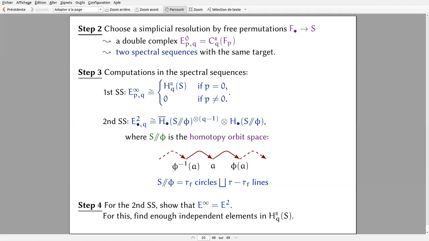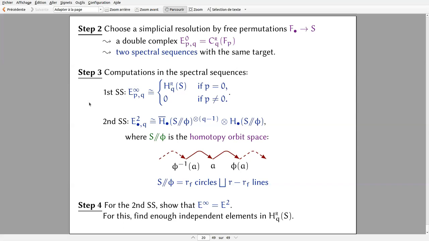So that's the last point. The advantage of this construction is that a lot of things come for free. For example, step 2 comes for free, and the computations in the first spectral sequence come for free.